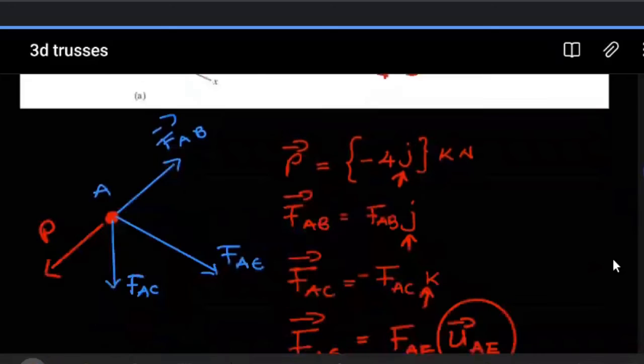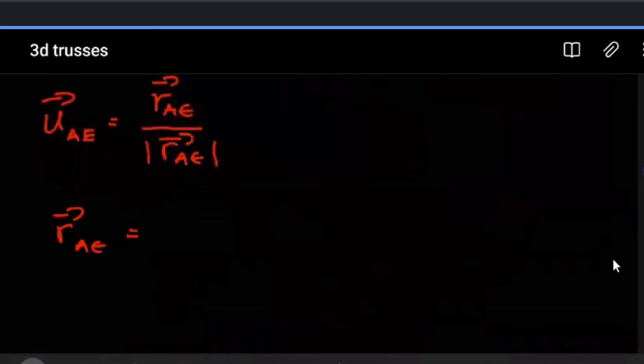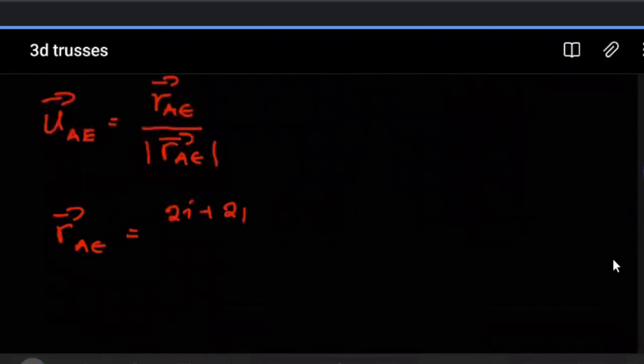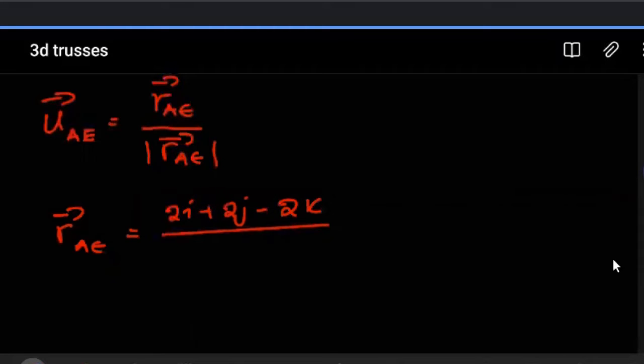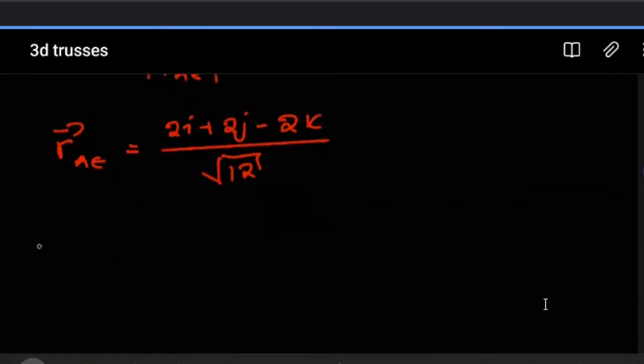You guys can correct me if I've made an error anywhere. So the displacement vector is 2i plus 2j minus 2k, divided by root 12. We can get this in decimals, or we can leave it like that, but let's get it in decimals.